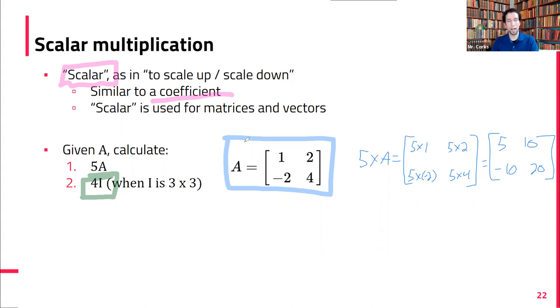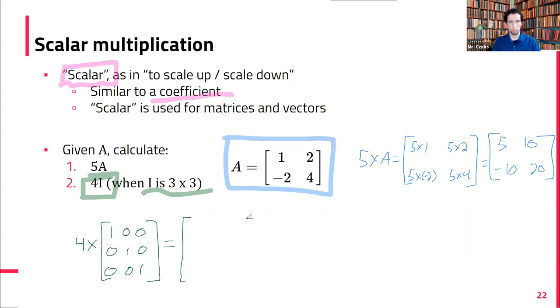So matrix I always means identity matrix of some size, and that should be obvious from the context. So it's not some random thing. Here we're saying the identity matrix is a 3 by 3 matrix. So 4I would mean 4 times this matrix here, 1, 0, 0, 0, 1, 0, 0, 0, 1. That's a 3 by 3 identity matrix.